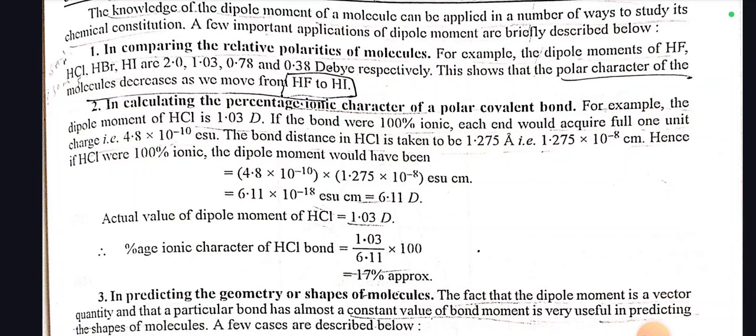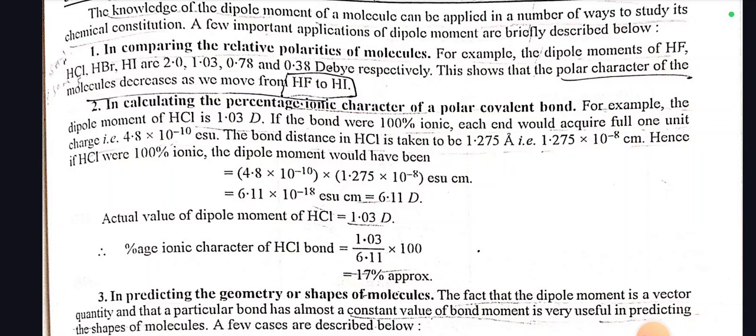For example, the dipole moment of HCl is 1.03 D. If the bond were 100% ionic, each end would acquire a full unit charge, 4.8 × 10^-10 ESU. The bond distance in HCl is taken to be 1.275 angstrom, 1.275 × 10^-8 centimeter.